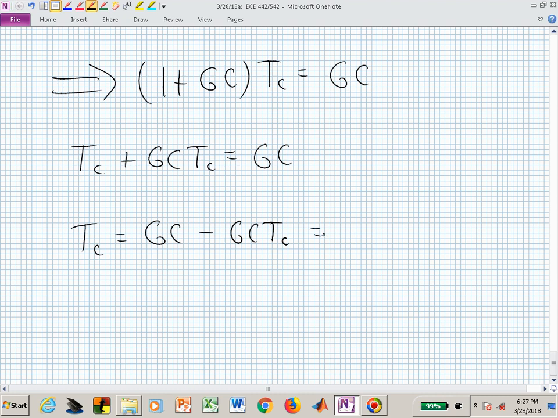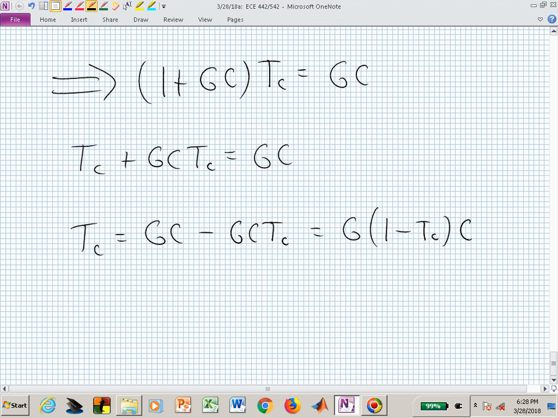Or this is now, let me factor out a G from the left. Let me factor out a C from the right. I feel like I'm cheering here. Give me a G, give me a C. What's in the middle? Is that clear?